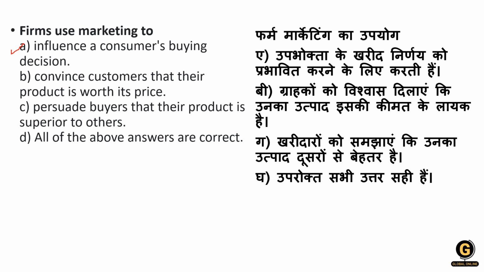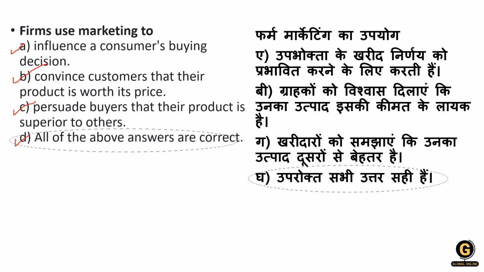So option B is also correct. Next, persuade buyers that their product is superior to others. Every firm markets every product to tell consumers that their product is superior to others. Hence this statement is also correct. So what will be our correct option? That is option D, all of the options are correct.